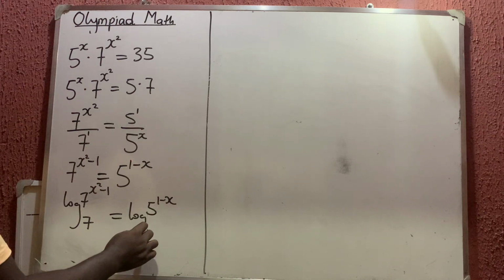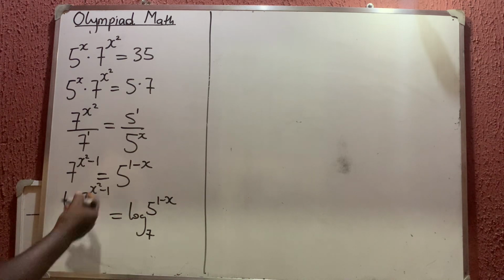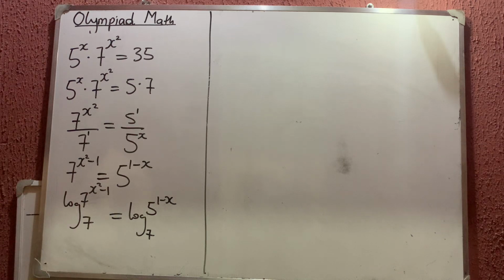You can actually take the log of both sides in base 10. In any base, you still get the same answer. But to make it easier, just take it in base 7 or in base 5. The same answer is what you're going to get.